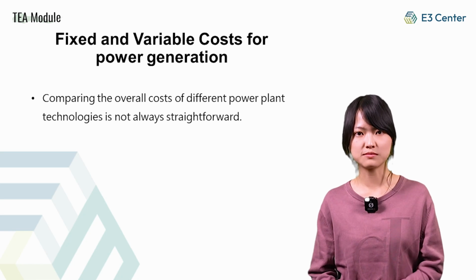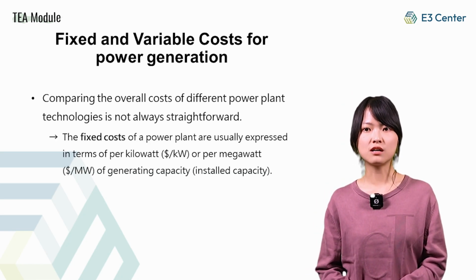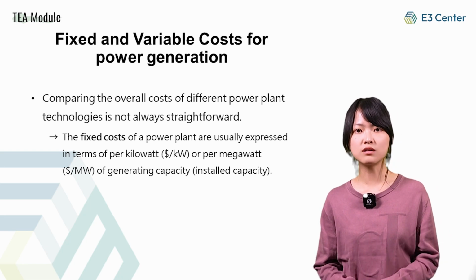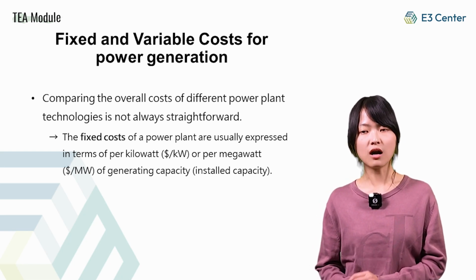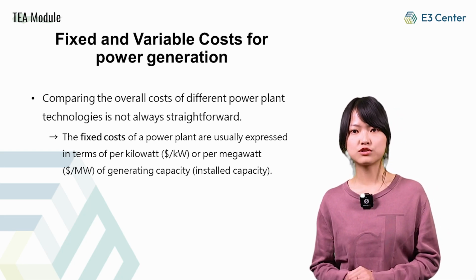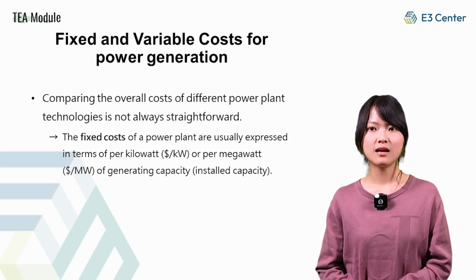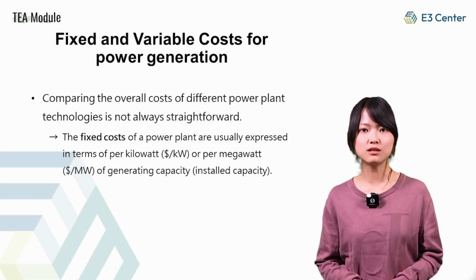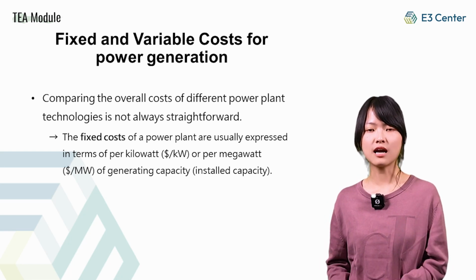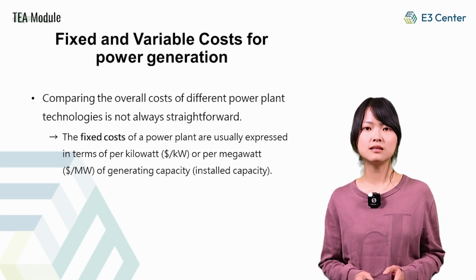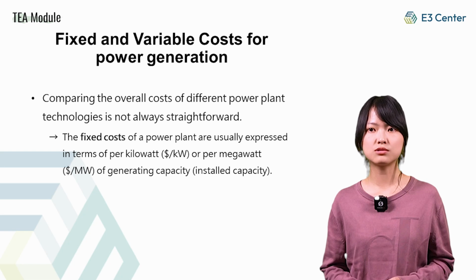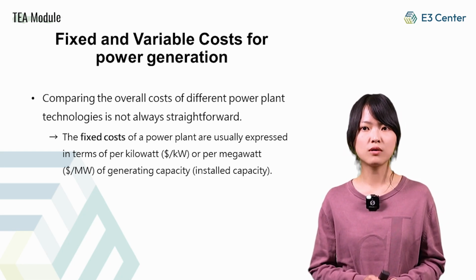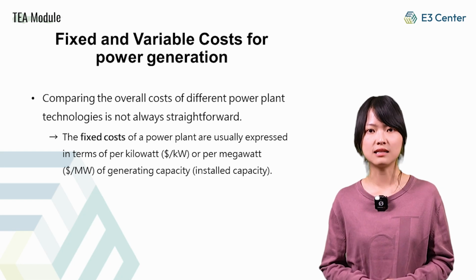Firstly, fixed costs of a power plant are usually expressed in terms of dollars per kilowatt or dollars per megawatt of generating capacity. These are costs that remain constant regardless of the amount of electricity the plant actually produces. They typically include the expenses related to the construction and the commissioning of the plant, as well as the regulatory and the land cost.